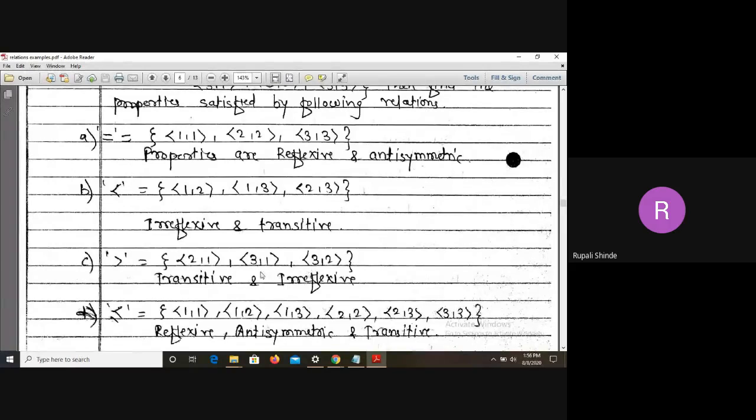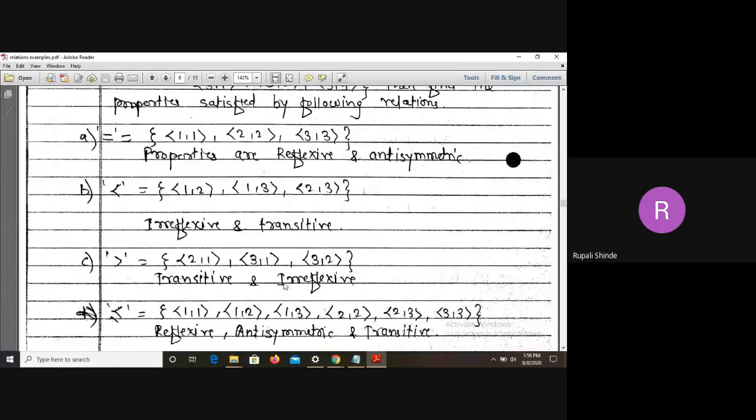Now check whether this one is transitive. If you consider ordered pairs 3, 2 and 2, 1, 2 will get cancelled and you will get 3, 1. That's why this one is transitive.